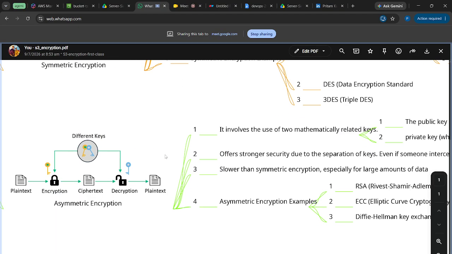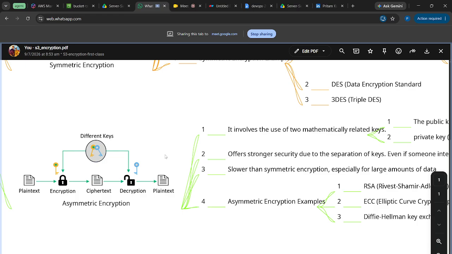Now I hope this is understood by you. Now let's take a look at what asymmetric encryption is. Same process: there is a file which will be uploaded and a key will be used to encrypt that file. Once that file is encrypted, it will be converted into a ciphertext file.